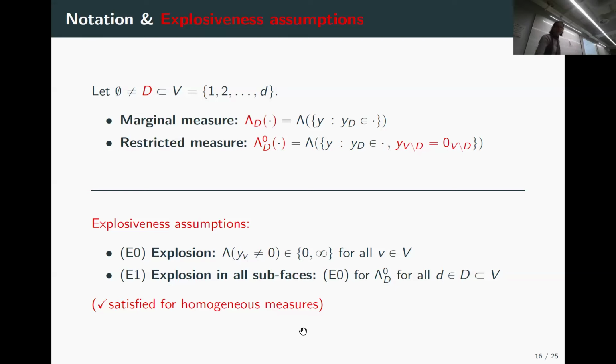So we write the margin for a subset of the nodes, and also the restricted measure when the other components are actually zero. This is a different measure, of course, where we look exactly at the point where we are at the hyperplane.